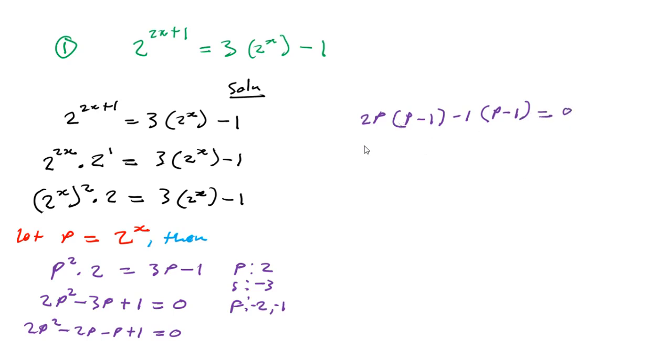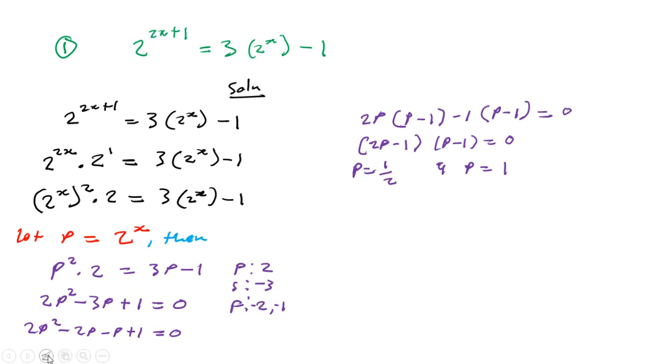So in such a case, you can group these: you're going to have 2p minus 1, and you're also going to have p minus 1, and this should be equal to 0. So when you work that out, you're going to have p is equal to half, and p is also equal to 1. So these are the two values of p.